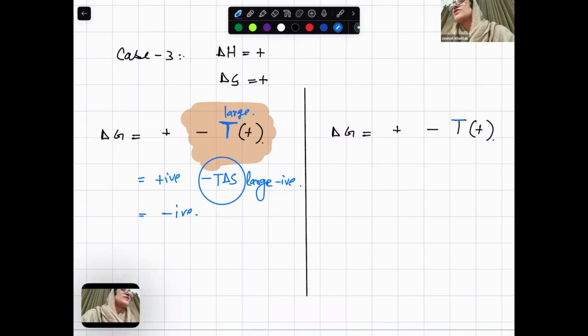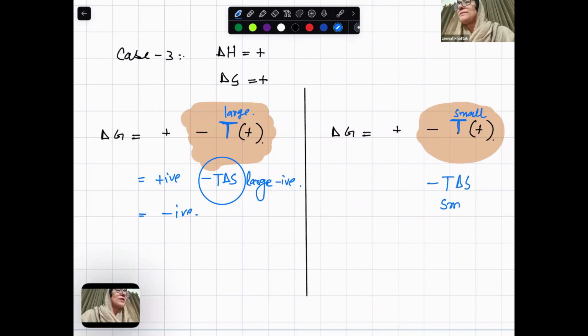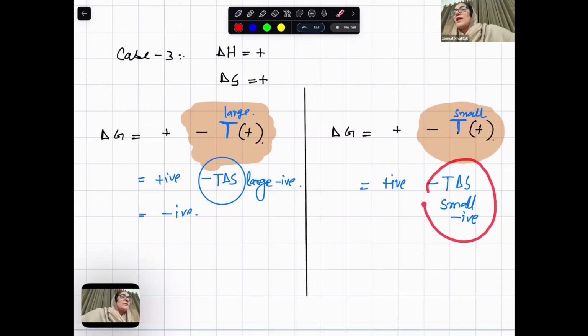But if the temperature is small, this whole factor becomes small: minus T delta S is small negative, then positive delta H, small negative then positive, the overall is positive.